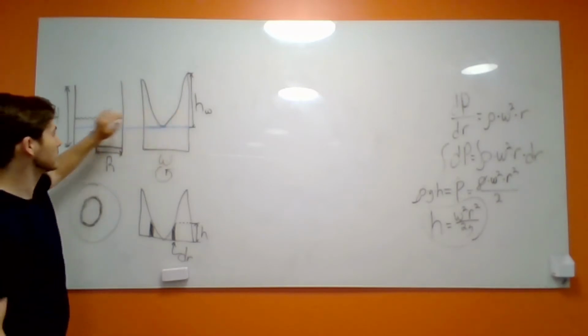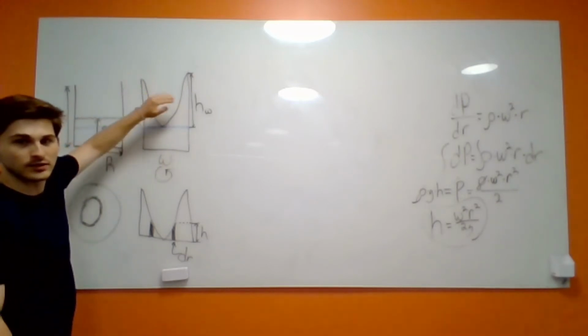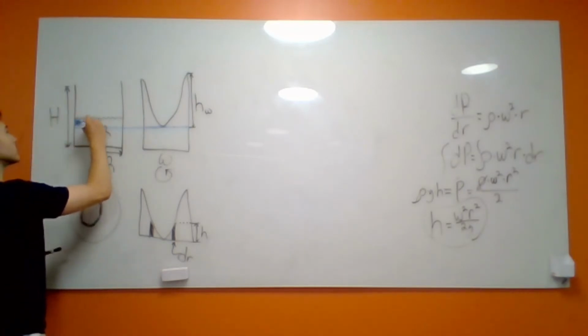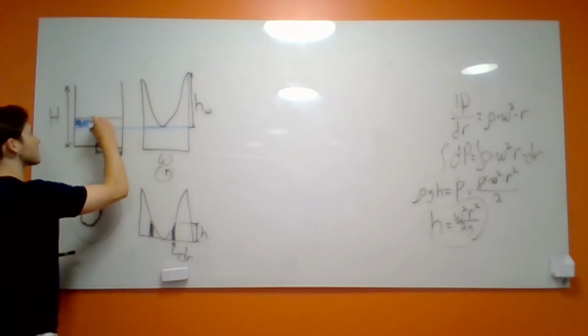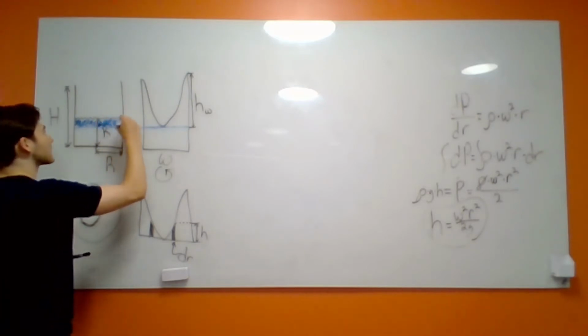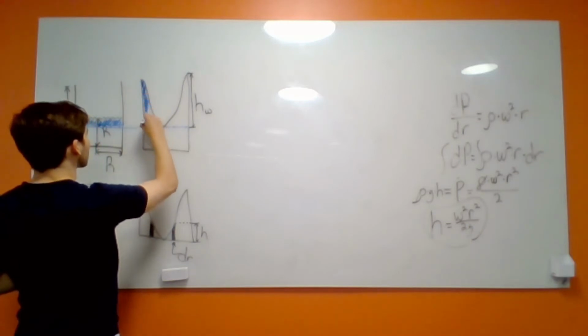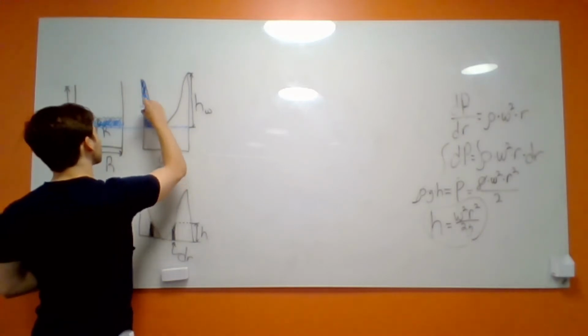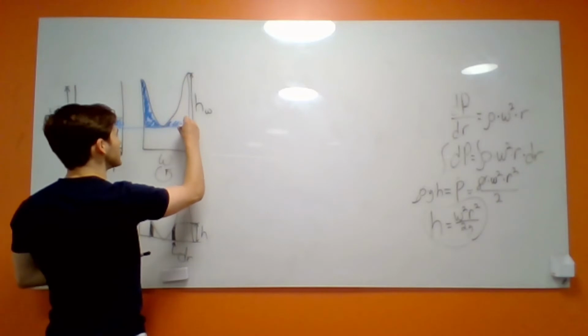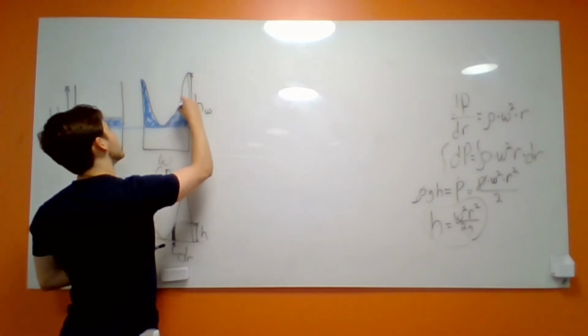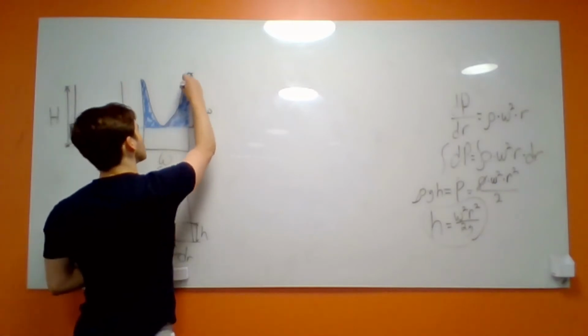These volumes also must be equal because we're not having any liquid spill out of the system. So I'll go ahead and color in those areas. But being able to relate these two volumes is going to make this calculation possible.